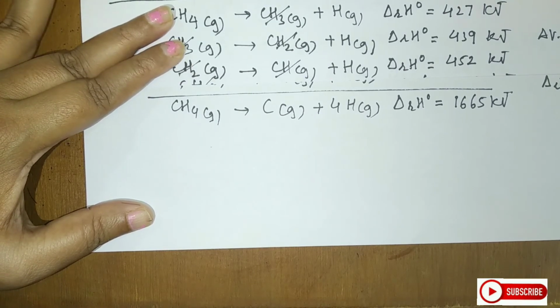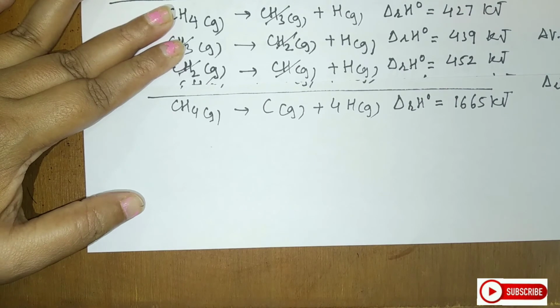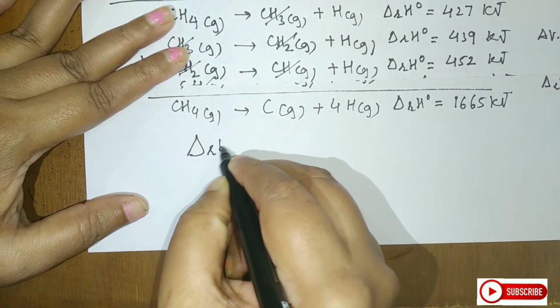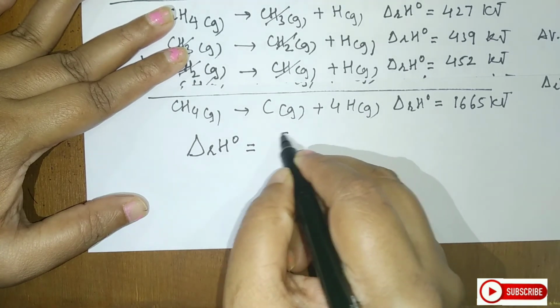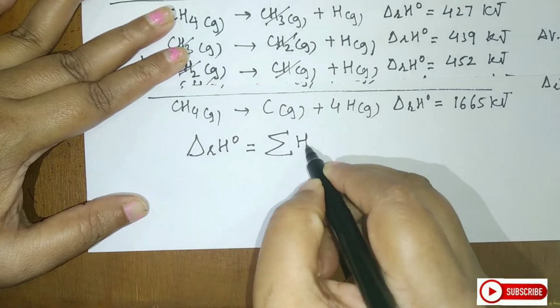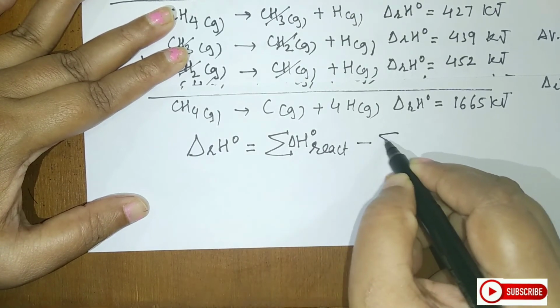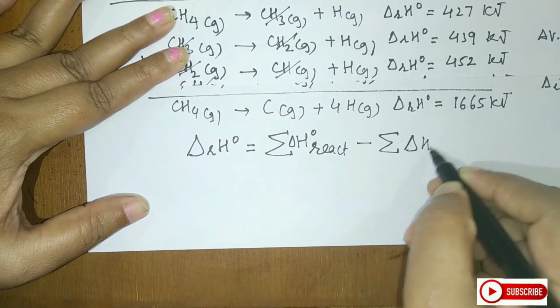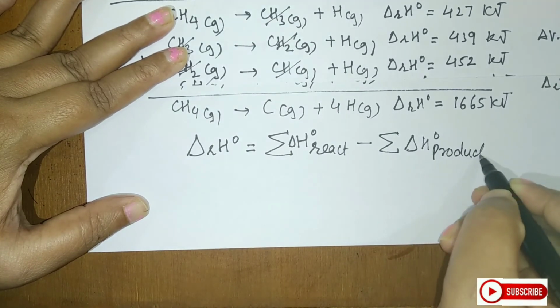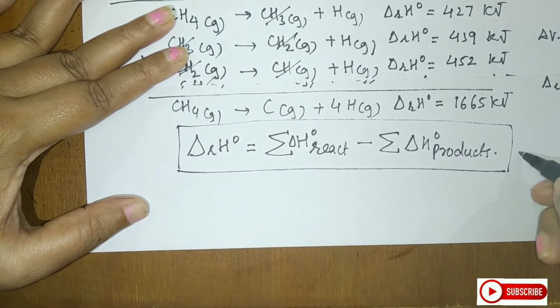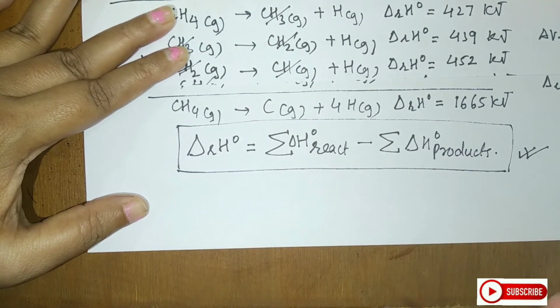But for bond enthalpies, it is very, very important to note that it is always the summation of the enthalpies of the reactants minus that of products. So the enthalpy for the reaction is equal to the summation of the enthalpies of reactants minus the summation of total enthalpies of the products. This is very, very important. The formula is different from usual formulas what you study. It is always reactants minus products.